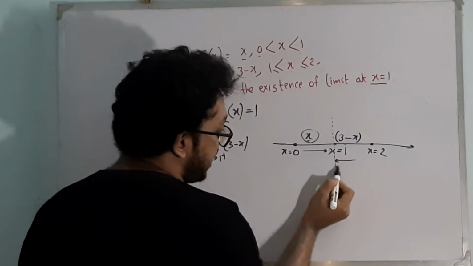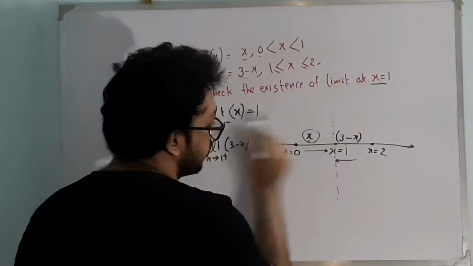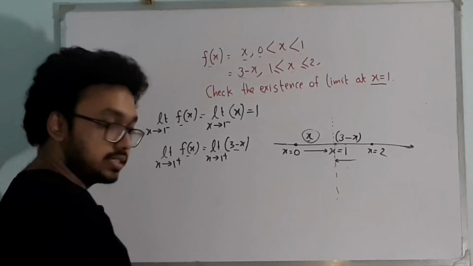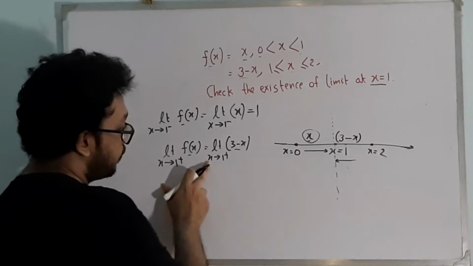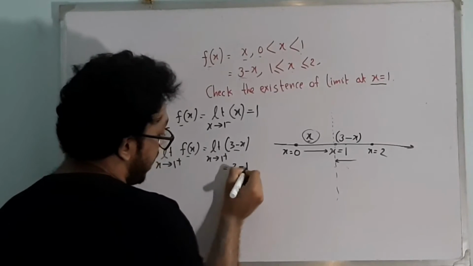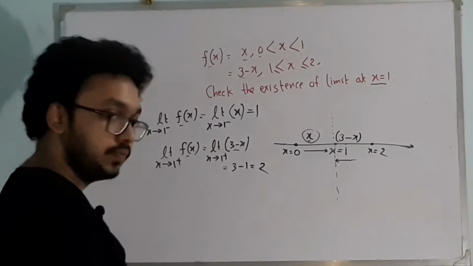And just in the right hand side of x equal to 1, the expression of f(x) is 3 minus x, and that's why f(x) has been replaced by 3 minus x. And limit of 3 minus x when x tends towards 1 plus is nothing but 3 minus 1, that is 2, right?